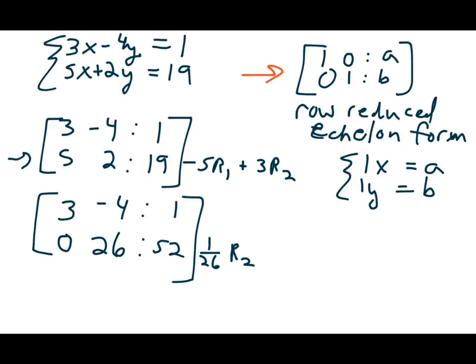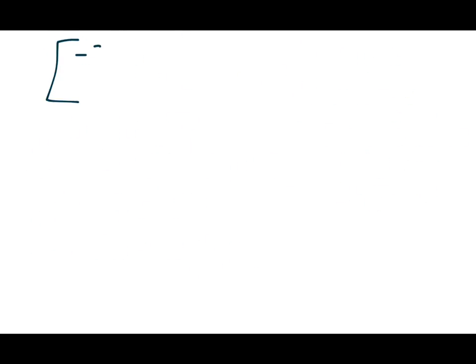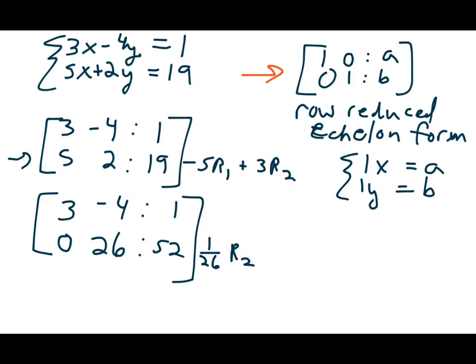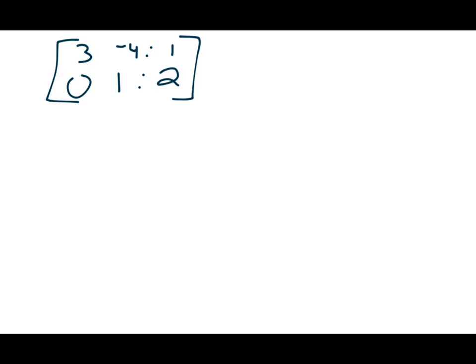When I do that, top row stays the same. Let's see, it's 3, negative 4, 1. Bottom row now becomes 0, 1, and 52 divided by 26 is 2. Okay, now, trying to make it look like this guy over here, I need this place to be 0. So if I go back to here, I need this to be 0.